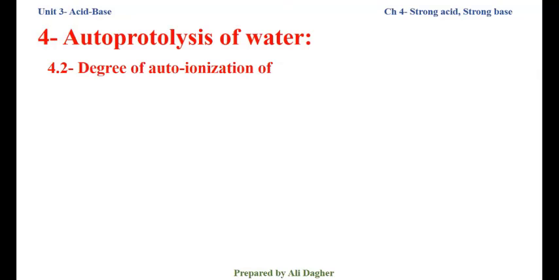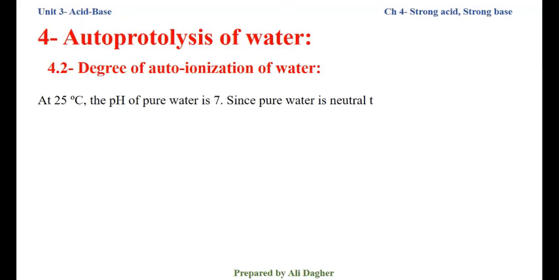Degree of auto-ionization of water. Is the auto-ionization of water complete or incomplete, and to which amount does the water ionize? At 25 degrees, the pH of pure water is 7 because pure water is neutral. Since pure water is neutral, then the concentration of H3O+ equals the concentration of HO- in a neutral solution.